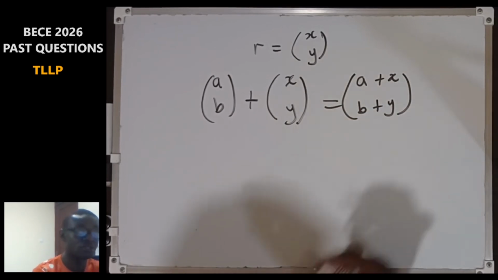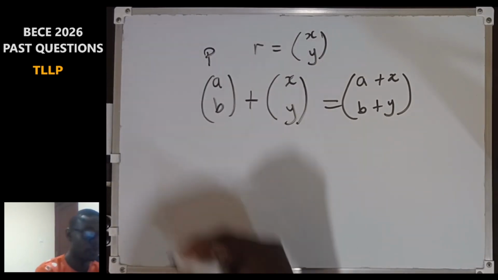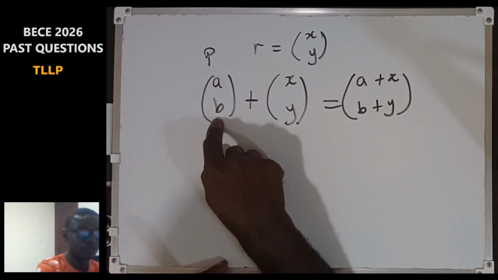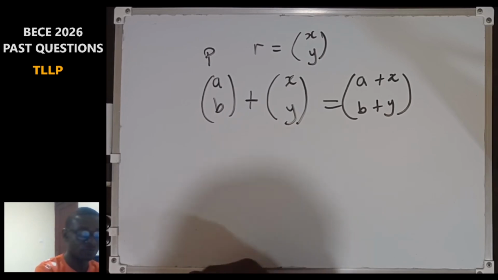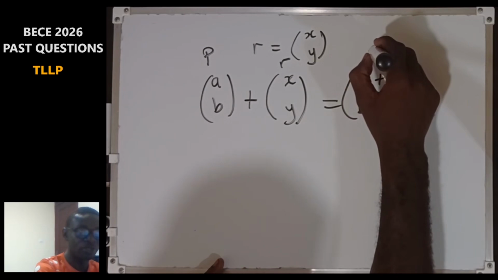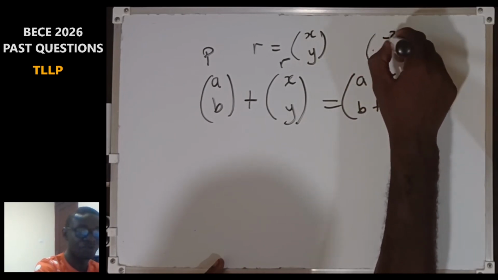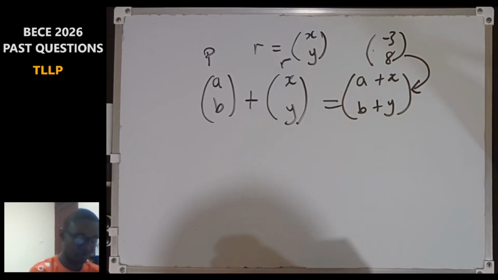So this is just what we are supposed to do. So this becomes your P. And when P is translated or moved by a vector r, this becomes the image. So the point (-3, 8) that has been given, this is what it implies.